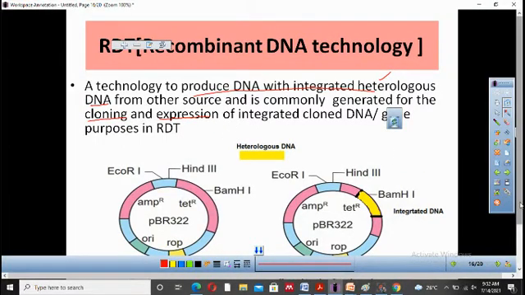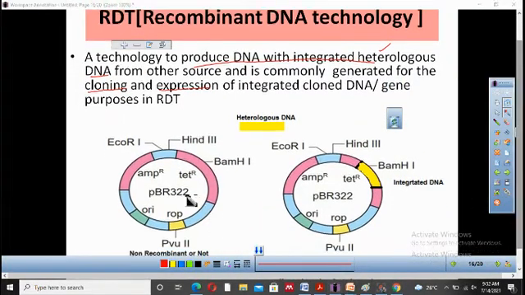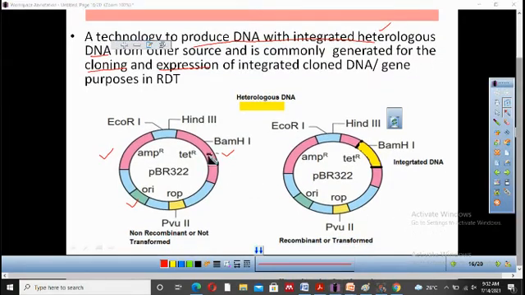Here you can see the vector pBR322, which has the Tet-R region, then the ampicillin resistance region, then the ori for replication, and some restriction sites. When no DNA is inserted into these regions, this is called non-recombinant.